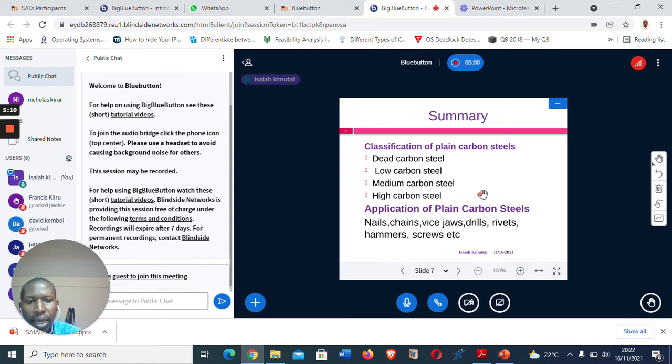Some applications of plain carbon steels include nails, chains, and vices, where the jaws of the vices are made from plain carbon steels. We have also mentioned drills, rivets, hammers, screws, and others.